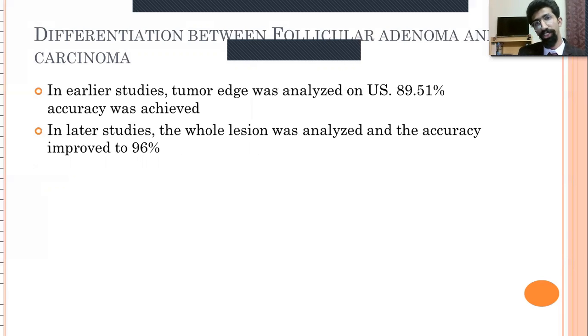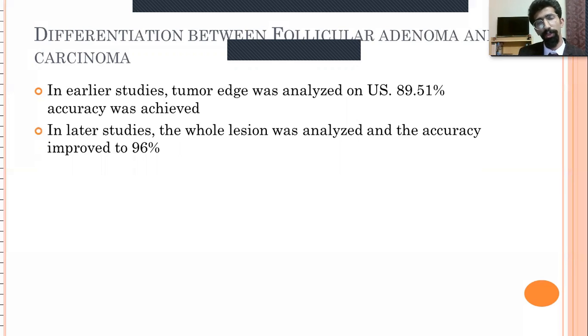One of the most challenging things that we face is to differentiate between the follicular adenoma and carcinoma on the ultrasound of the thyroid gland. So we have used AI-based models.